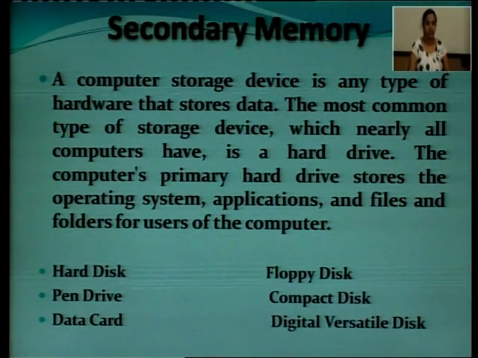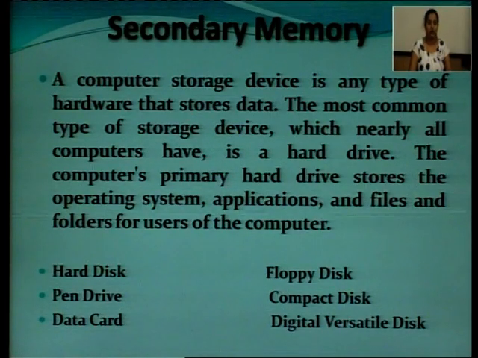Then comes our secondary memory. A computer storage device is any type of hardware that stores data. The most common type of storage device which nearly all computers have is the hard drive. The computer's primary hard drive stores the operating system, applications and files and folders for the use of the computer.